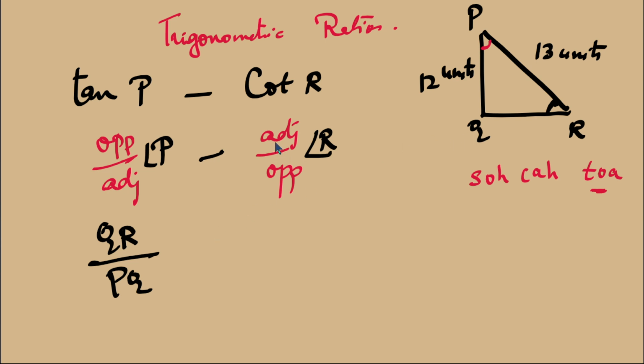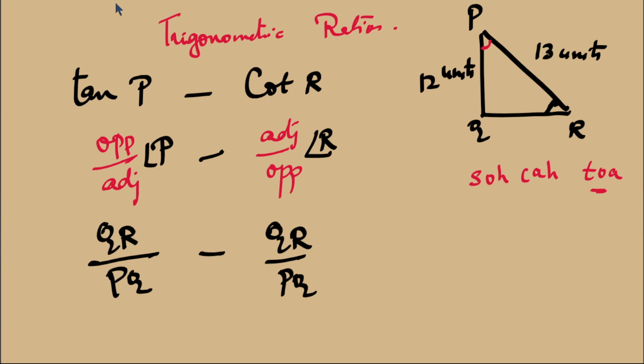We don't need the opposite side because we are taking the ratio of cot R. So adjacent by opposite. Adjacent with respect to angle at R would be QR, and the opposite is PQ. And we'll have to subtract both.